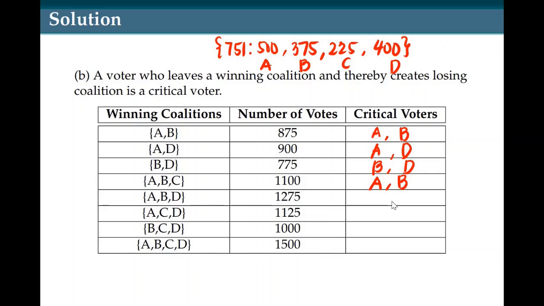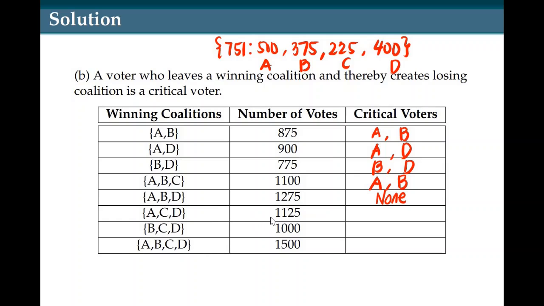So voter B is not a critical voter also. How about voter D? From 1,275 minus 400, still greater than the quota. So this coalition has no critical voters.